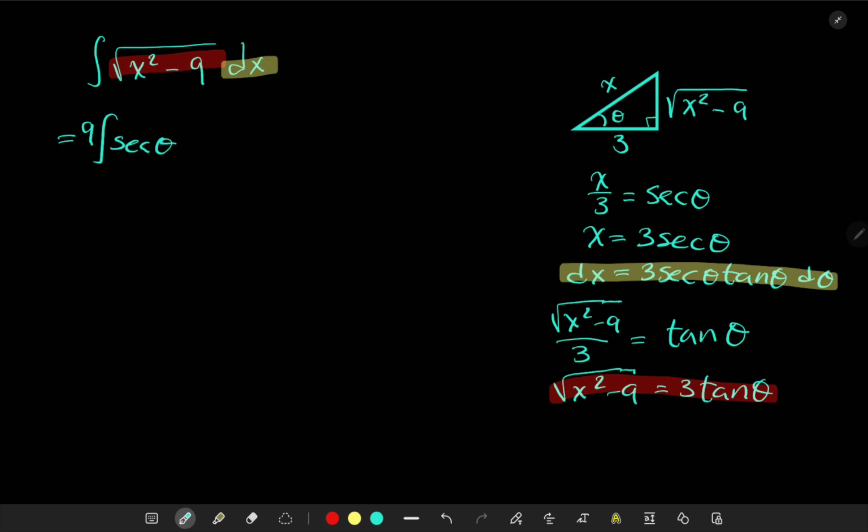And then I get tangent and tangent, tangent squared, and then the d theta. All right, so now here we're going to try to figure out how to solve this one. What I'm going to do is convert this tangent squared as secant squared minus 1, and you'll see why in one second.